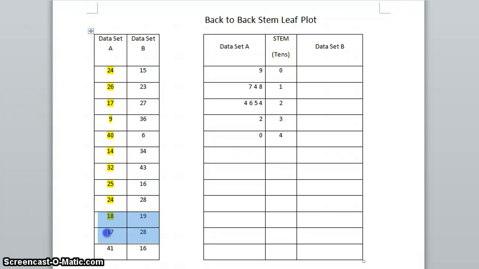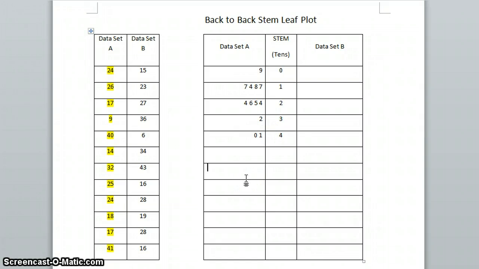Next one is 17. That's also in the 1 tens column of the stem. 1, 7. And my last one for data set A is 41. And it's in the 40s and 1.